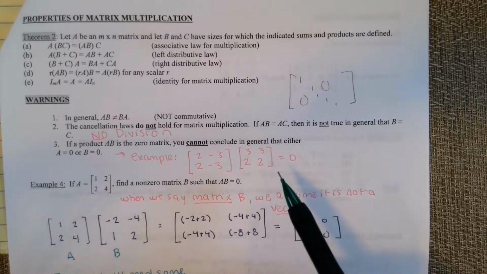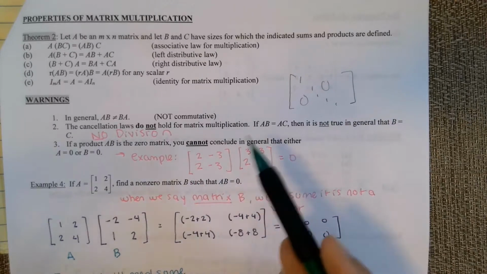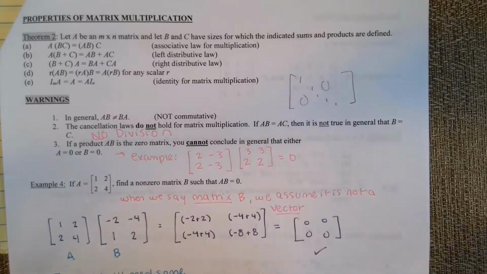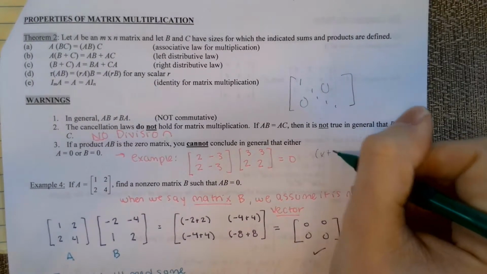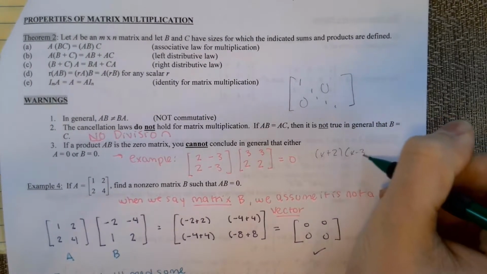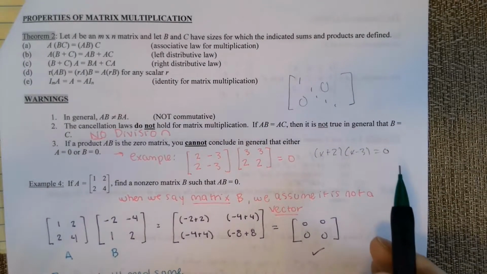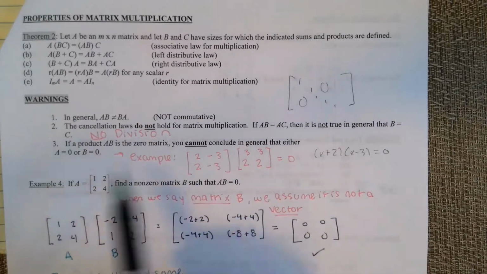The zero product property is how we used to find roots in polynomials. If I had x plus 2 and x minus 3 equals 0, then you assumed one of them must be equal to 0, one of them must be a root. That is not true for matrices.